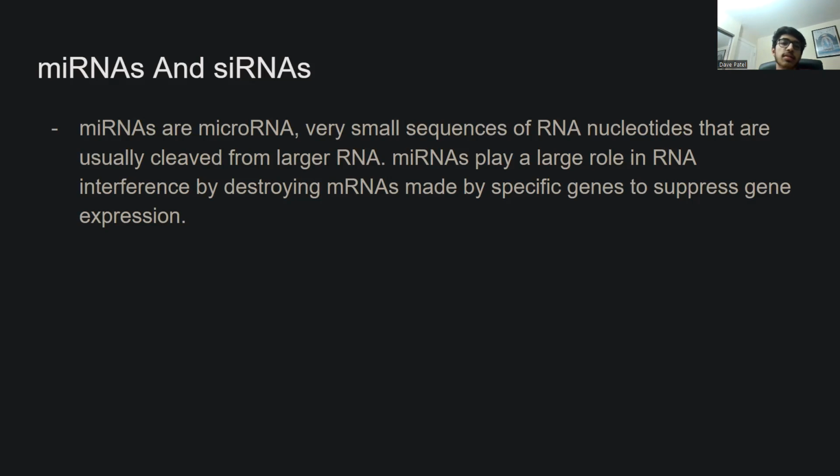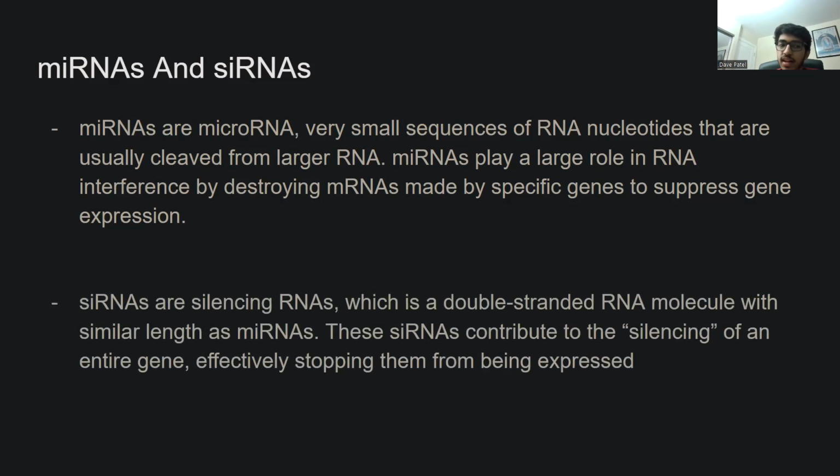And since the messenger RNAs are the things that are eventually going to create the proteins, by destroying the messenger RNA, you're going to suppress the expression of that eventual protein and the expression of a gene.